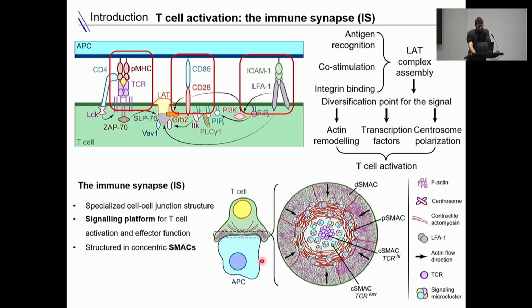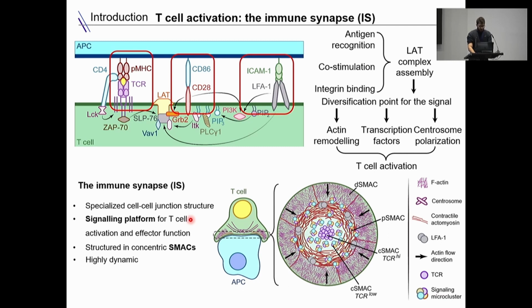So this immune synapse is organized in concentric SMACs, or supramolecular activation clusters. In the central SMAC, there are the TCR and CD3 microclusters. In the peripheral SMAC, we can see the contractile actomyosin arcs and the adhesion molecules such as LFA1. And in the distal SMAC, we can find the filamentous actin.